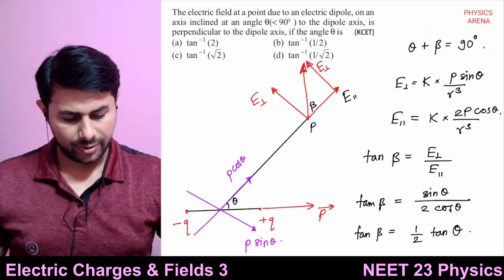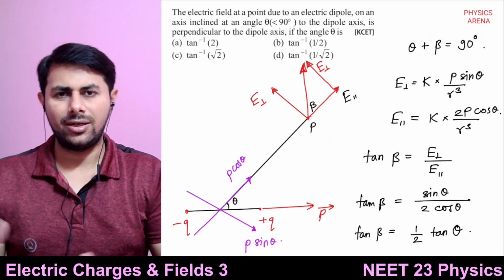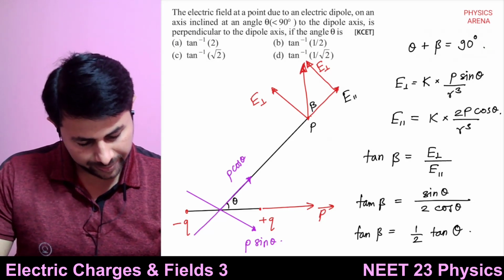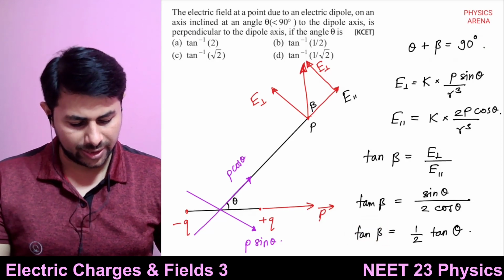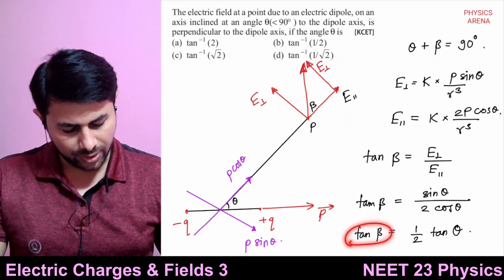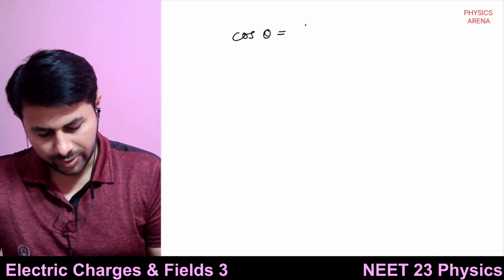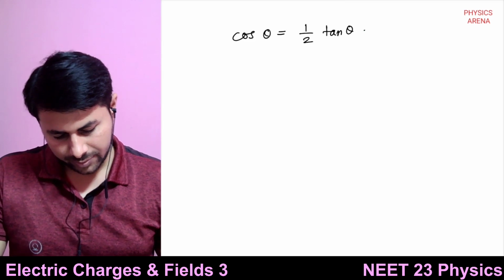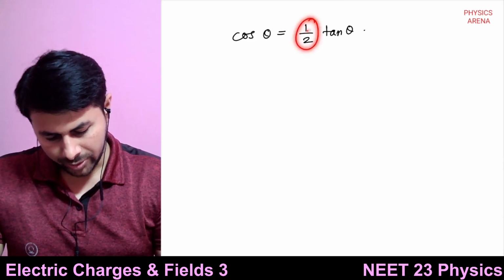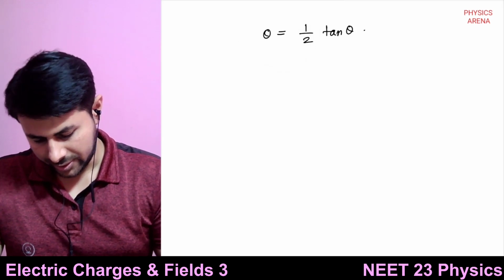If the sum of two angles is 90 degrees, then tan of one angle is equal to cot of the other angle. So tan of beta is equal to cot of theta. I can substitute cot of theta here. Cot of theta is equal to half of tan of theta. That means I can move this on this side. Sorry, this is not cos, it's cot.